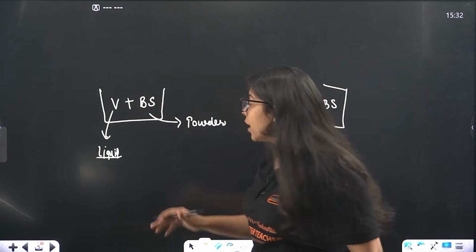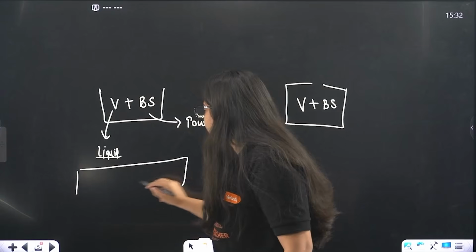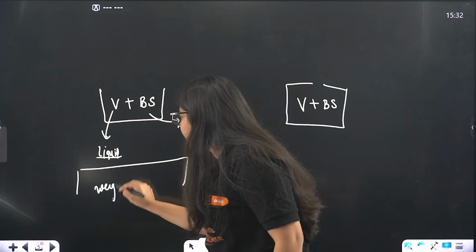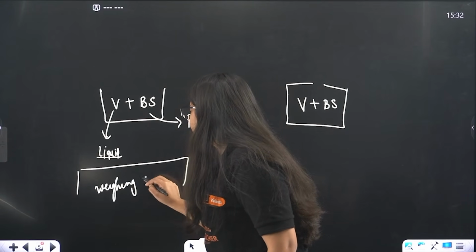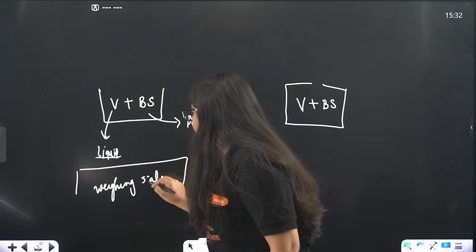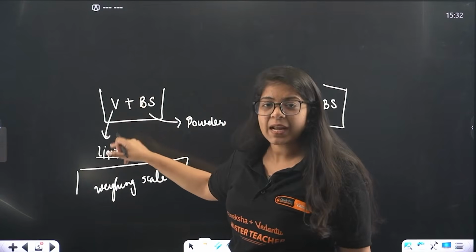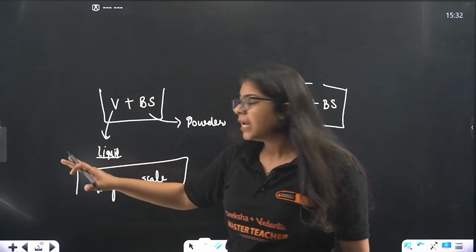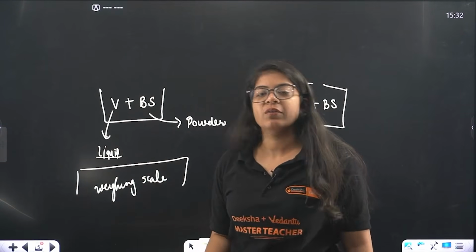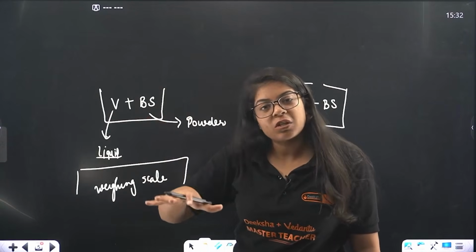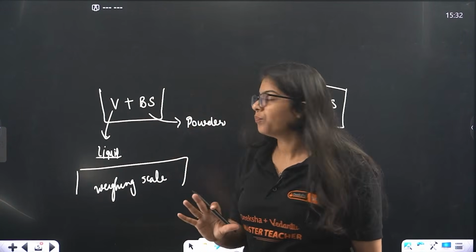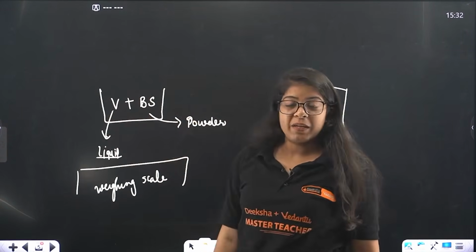First, what you will do, you will take a weighing scale. This is your weighing scale. Now you will place a beaker, and then turn the numbers to 0. You can do that. So even though the beaker is on the weighing scale, the scale shows 0, right? Now you add vinegar in that beaker. Done.